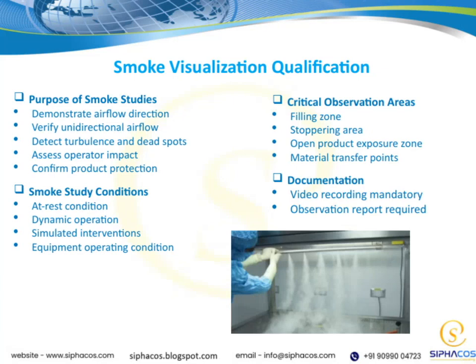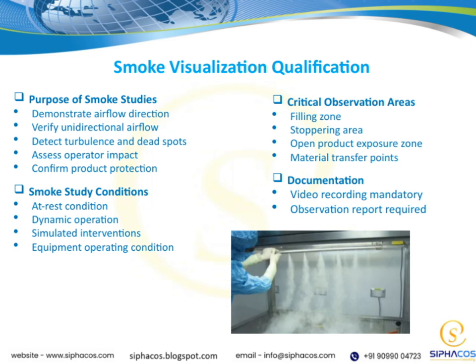Now, let's dive into smoke visualization qualification, a key step in ensuring clean airflow where it matters most. We focus on critical observation areas like the filling zone, stoppering area, open product exposure zone, and material transfer points. To capture everything, video recording is mandatory, along with detailed observation reports.